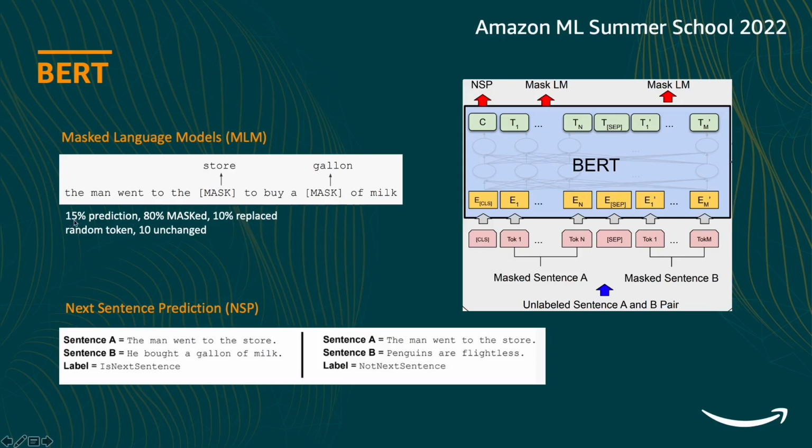It's usually 15%. And then we do not mask all these tokens that we're making predictions for. So out of this 15%, we only mask 80% of those tokens. Then the remaining 10% are replaced with a random token in our input sentence. And in the other 10%, it is just left unchanged.